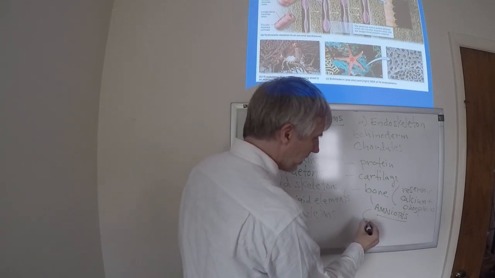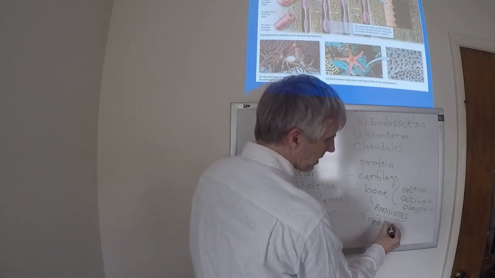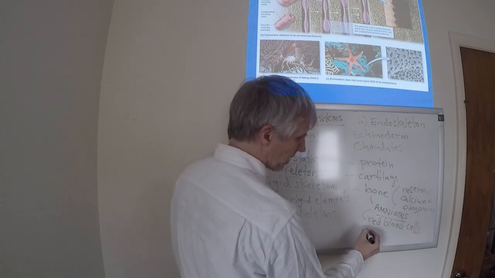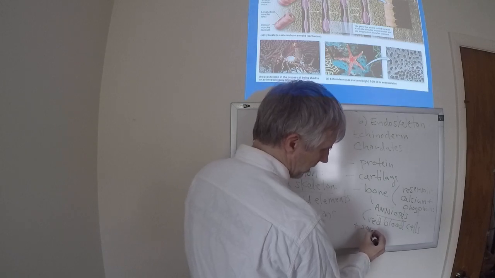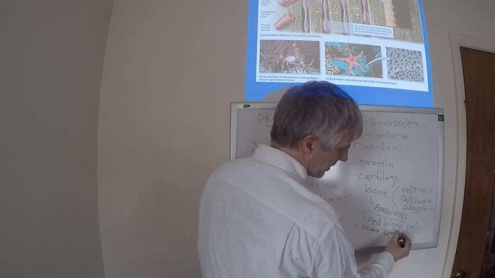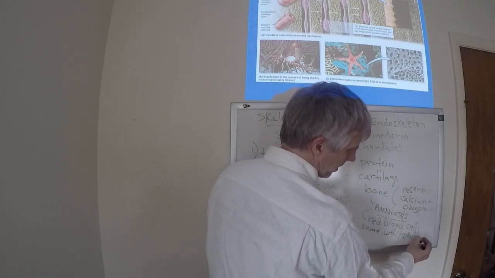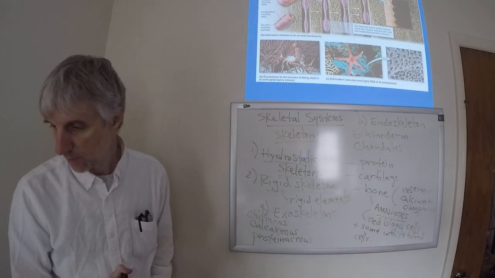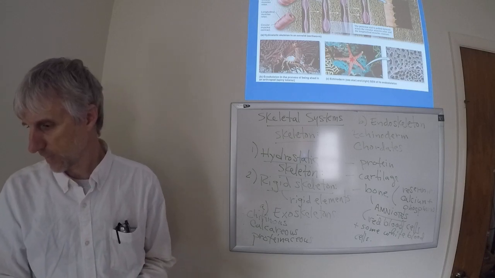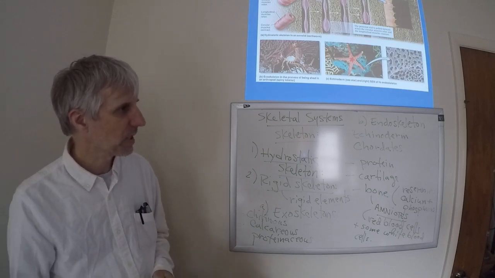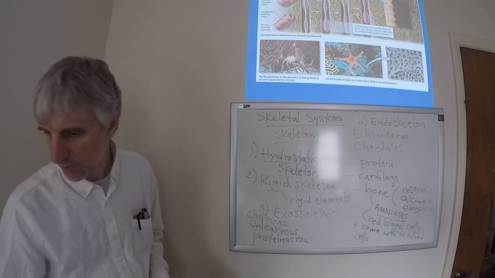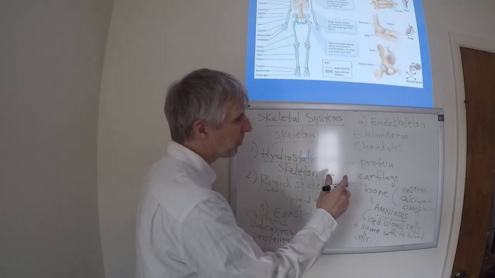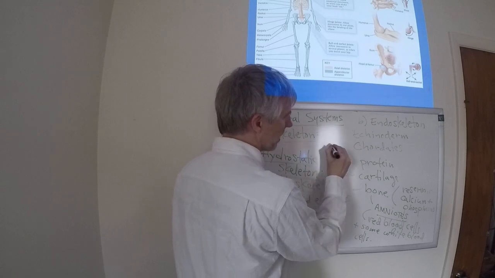In the amniotes, the red blood cells are made in bone, the large bones, and some of the white blood cells are also made in bone. Okay? All right.